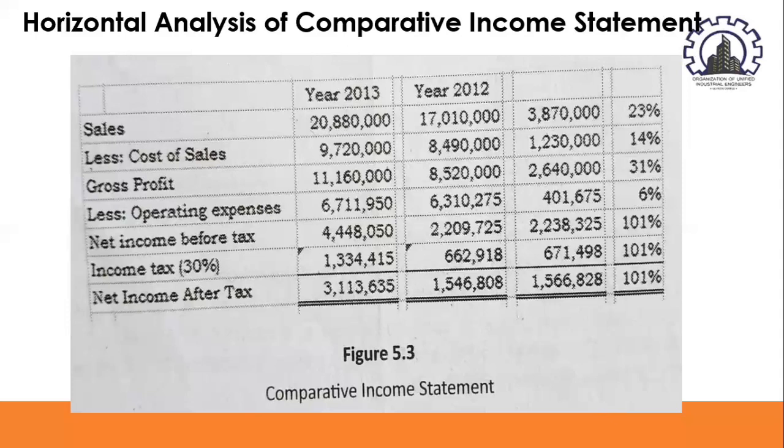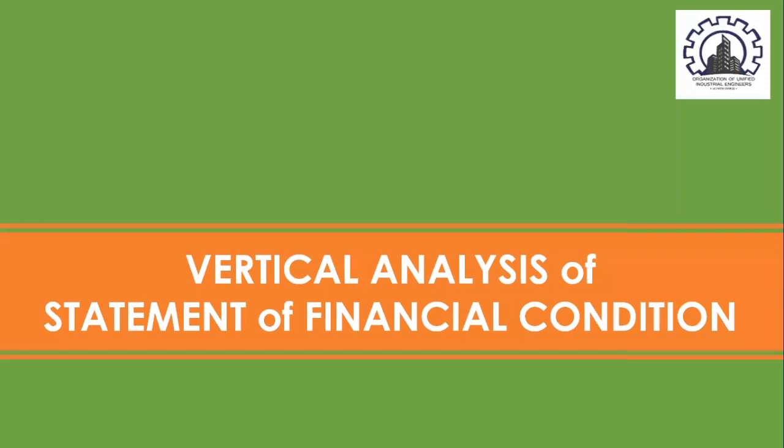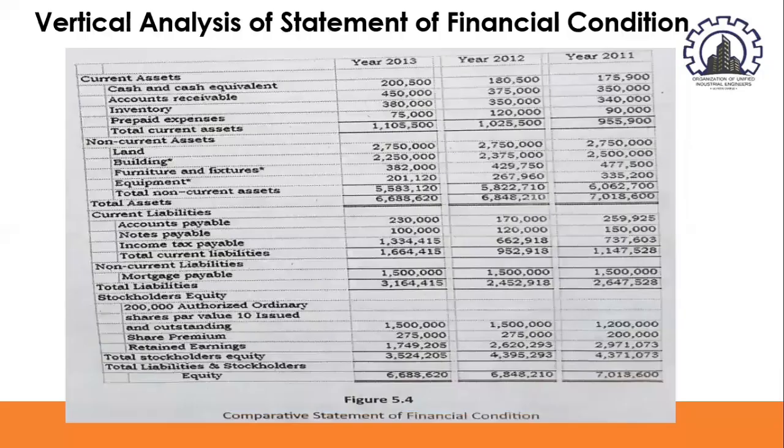And the next key area that we're going to be discussing would be the vertical analysis of statement of financial condition, or what we call the balance sheet. In order for us to better understand this, let me show you an example. So this is an example of vertical analysis of statement of financial condition.